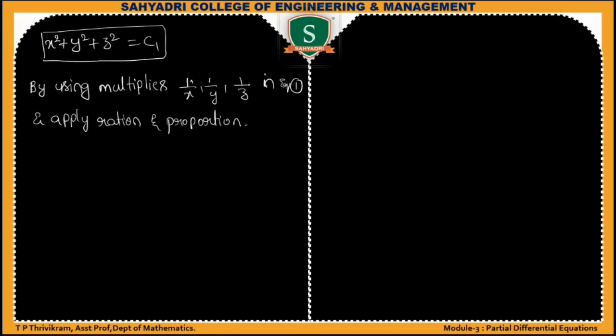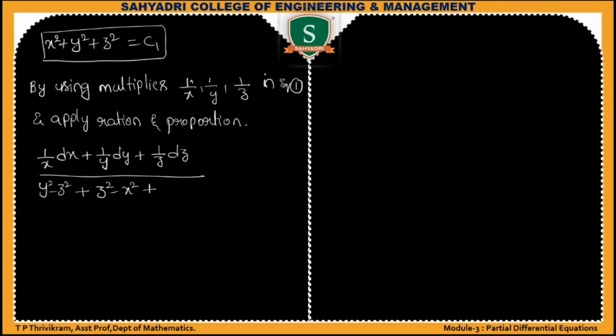What happens? 1 by x dx plus 1 by y dy plus 1 by z dz divided by y square minus z square plus z square minus x square plus x square minus y square equal to some c.